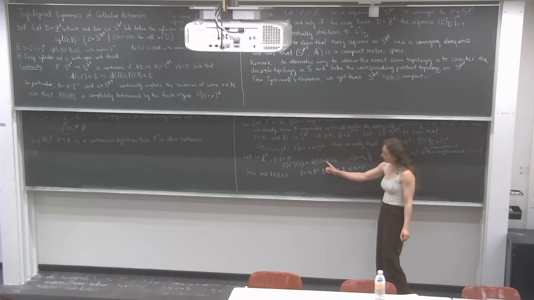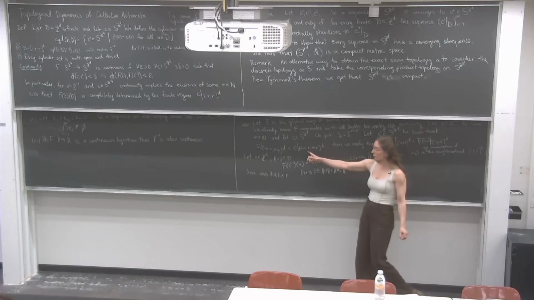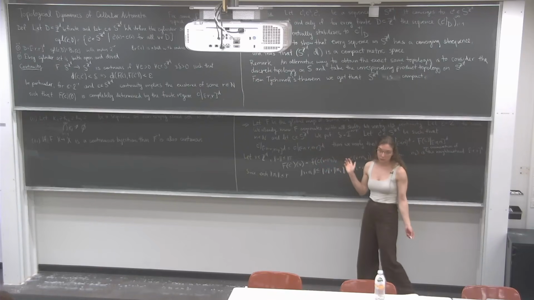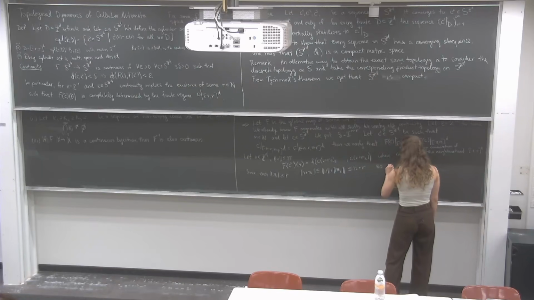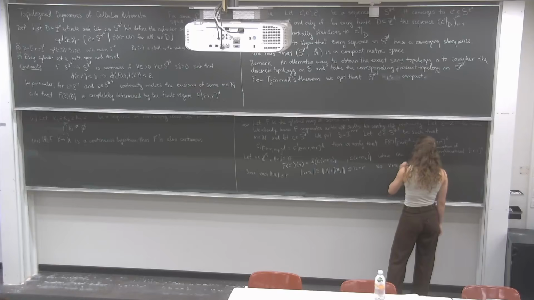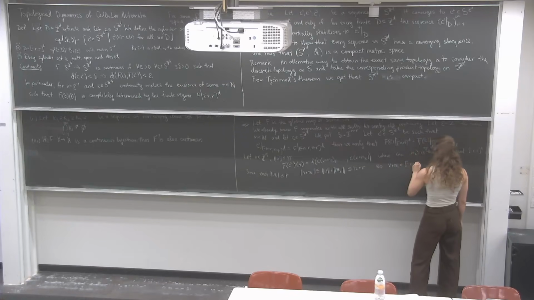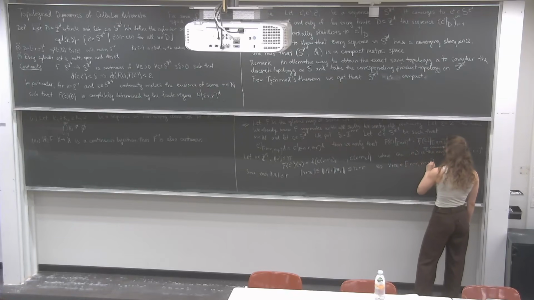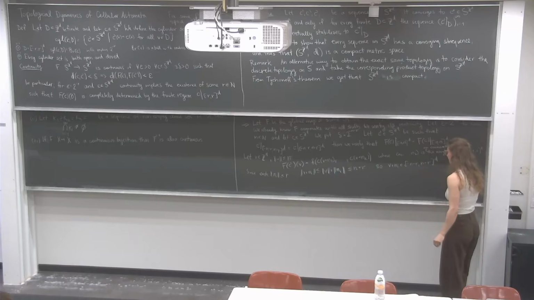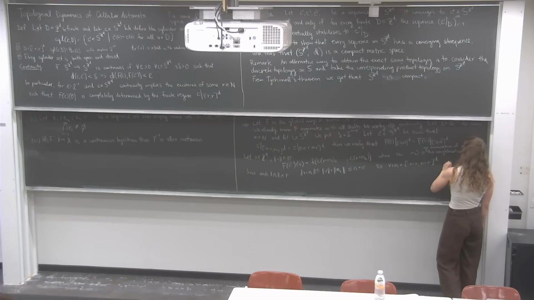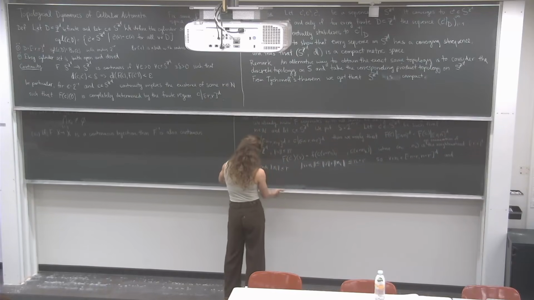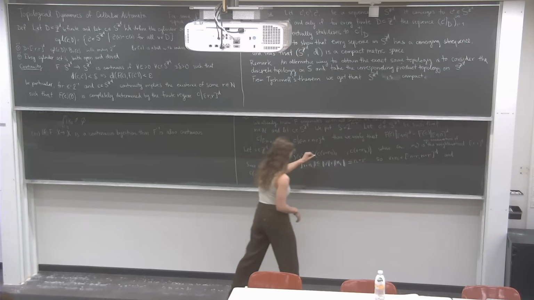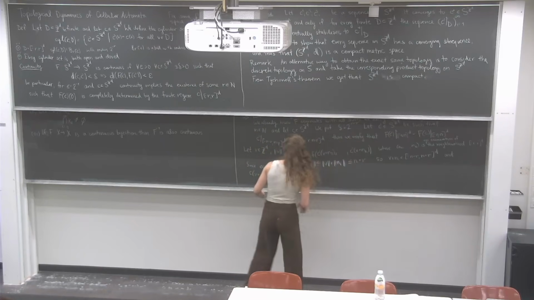So it just means that each of these vectors belongs to this box where the two configurations agree. And there should be prime. Great.